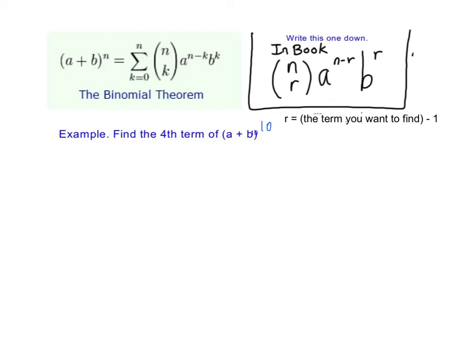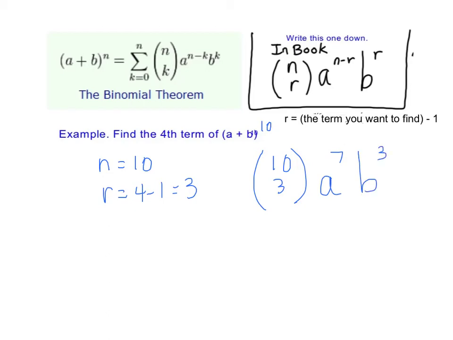All right, so n is 10. R in my formula is 4 minus 1, which is 3. So I want to find the whole fourth term, so I'm going to do 10 objects taken 3 at a time. The first term is a to the n minus r, which is 7, b to the r, which is 3.